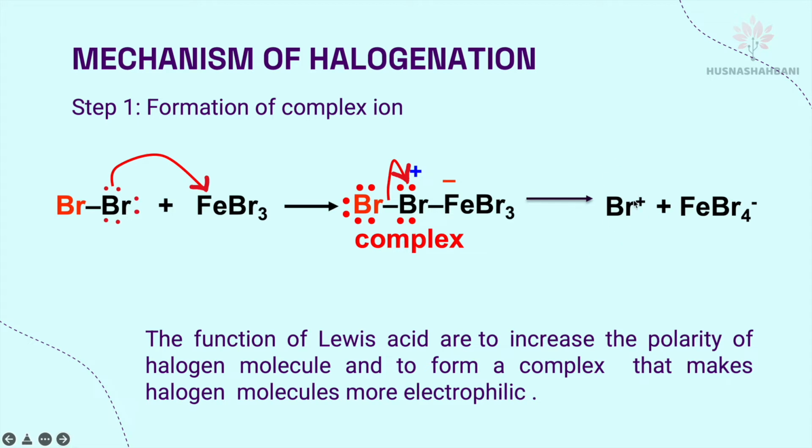So now we have the electrophilic Br. Now our aromatic compound can attack this Br plus. That's the function of the catalyst FeBr3, to increase the polarity of the halogen molecule to make this Br electrophile. Now this Br is electrophile.